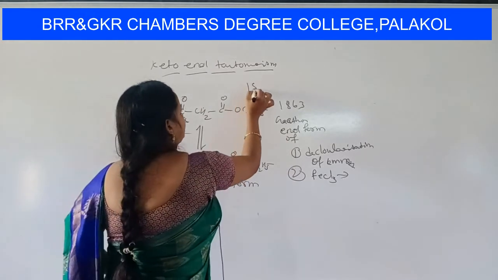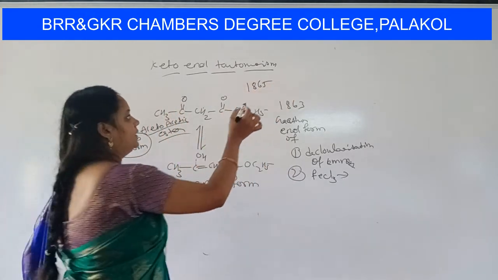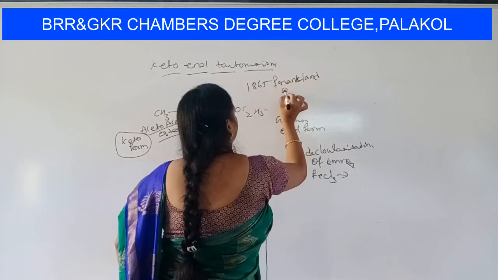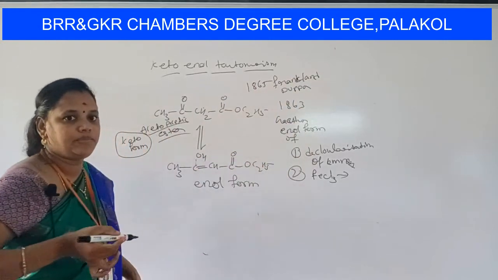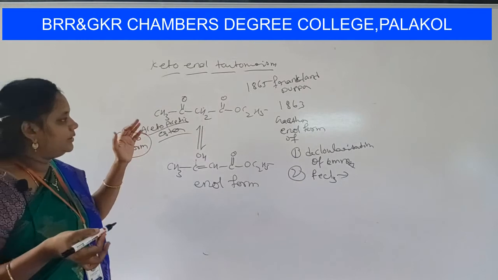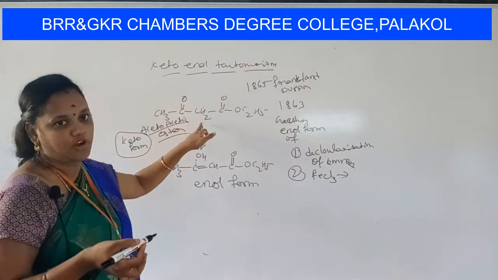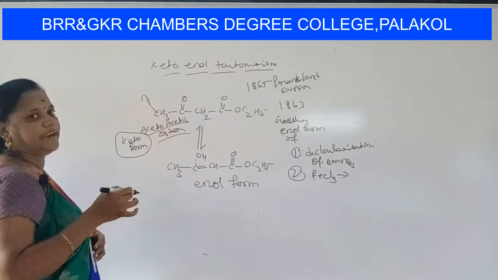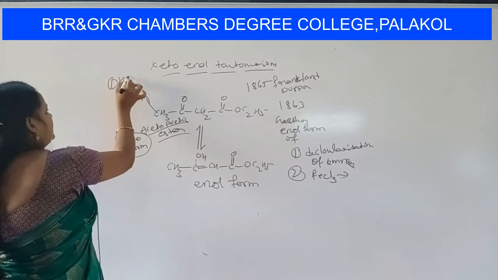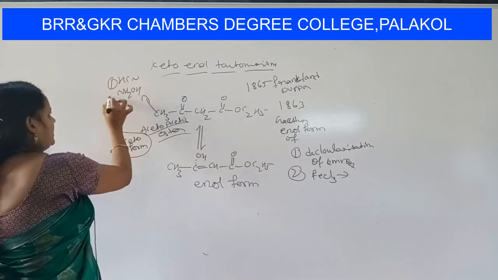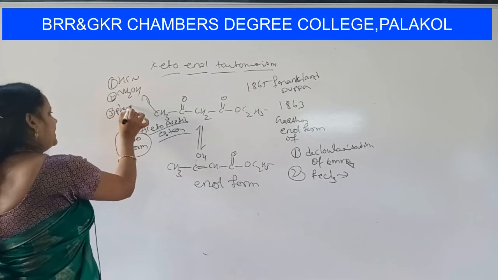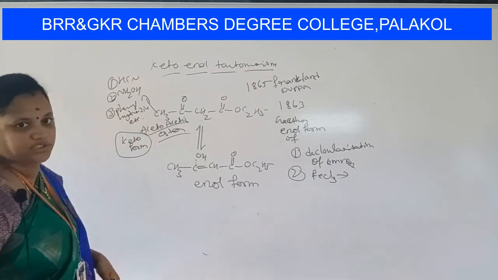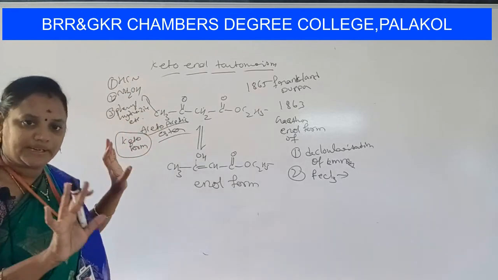And in 1865 the scientists named Frankland and Duppa both proposed the keto form, and they gave the proofs that the keto form undergoes addition reactions with HCN, NH2OH, phenyl hydrazine, etc. Did you understand, students? 2 groups of scientists worked separately.